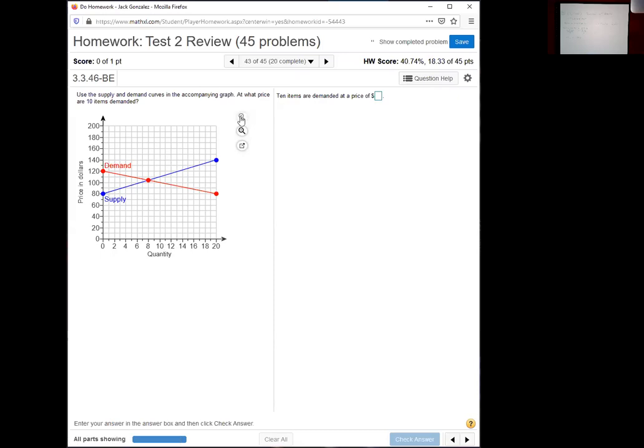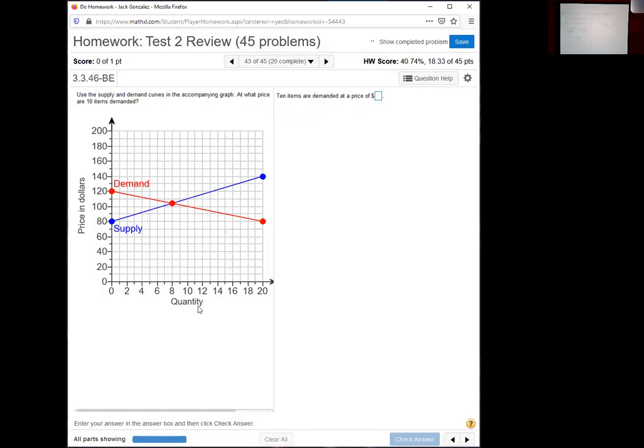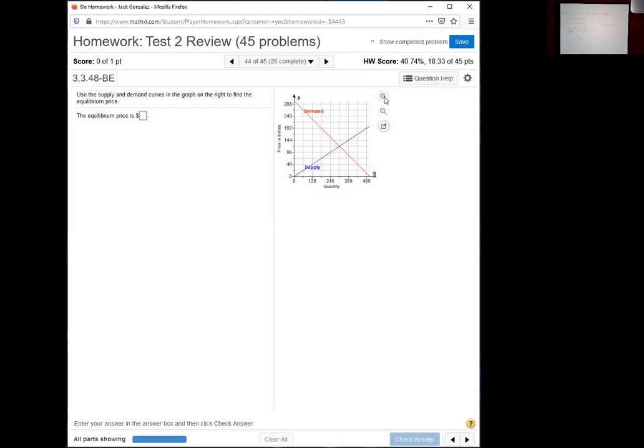So on this one, you don't even talk about equilibrium. I just made an assumption. 10 would be about 100, right? That would be the demand at 10. At what price are 10 items demanded? Yeah, the price, $100, 10 items. Over here, they ask about equilibrium.